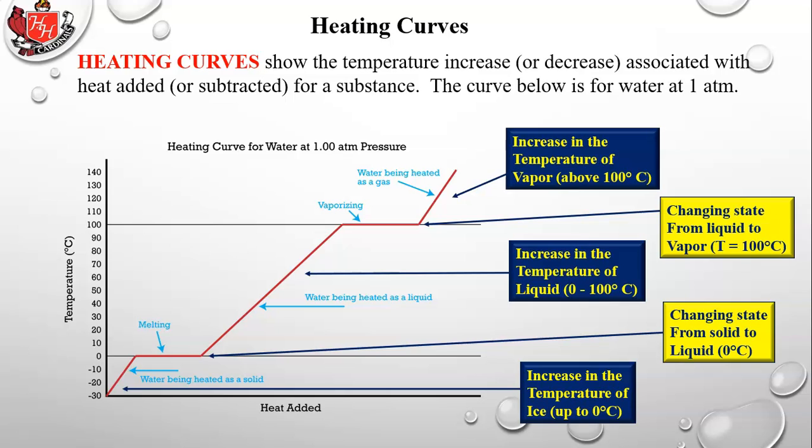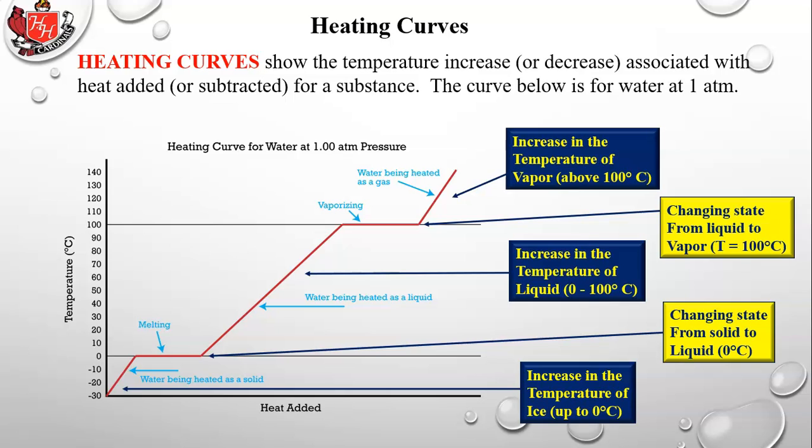But an interesting fact is, while the ice is melting, the temperature stays at 0 degrees. So while it's being converted from ice into liquid water, it stays at 0 degrees. And that explains the flat line there where you see in light blue it says melting. In the yellow box it says changing from solid to liquid. That would be from ice, solid state, to liquid water.